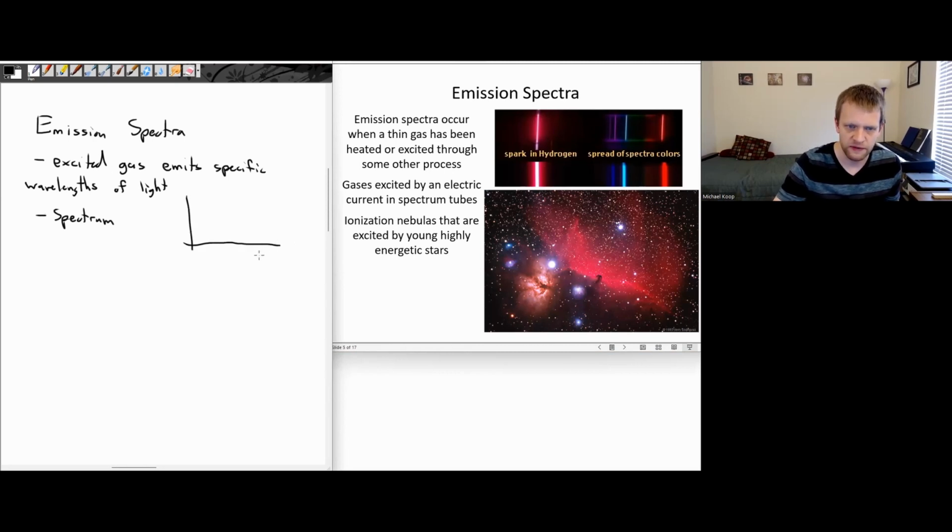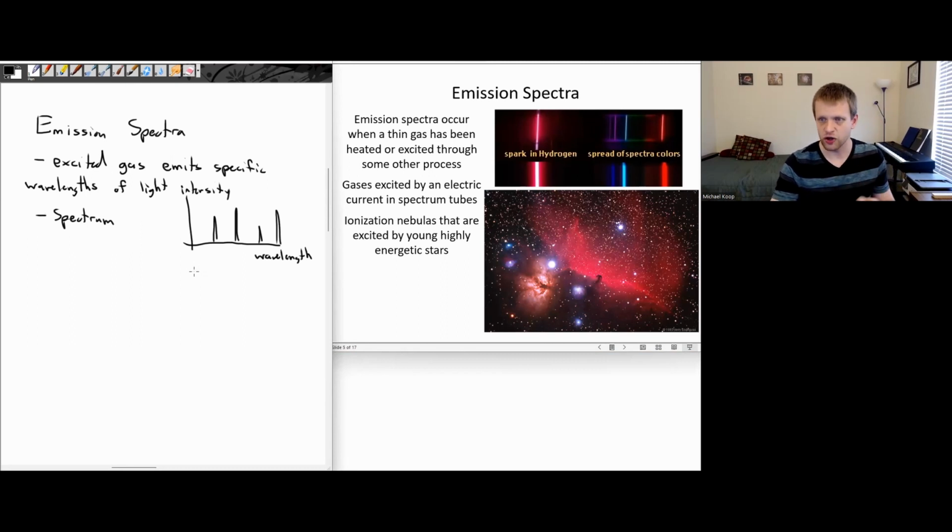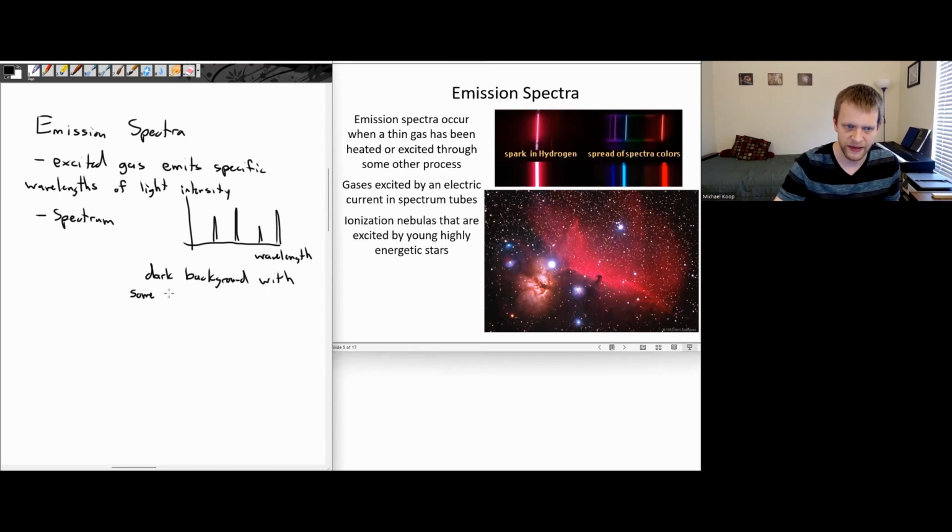We have wavelength and intensity. We see that at very, very specific wavelengths, it's very, very bright. We see basically a dark background with some bright bands of color.